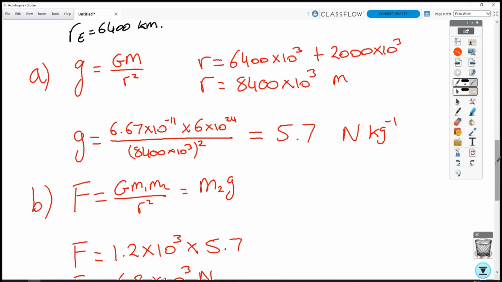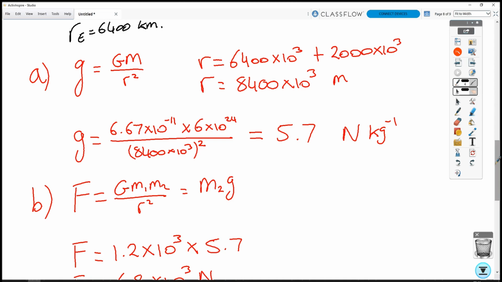If we look at F equals G m1 m2 over r squared, and at the previous question, we've got g equals Gm over r squared. So we're looking at the field strength that's created by that planet, by the Earth at that point. If we use the planet, then that m in Gm over r squared is m1.